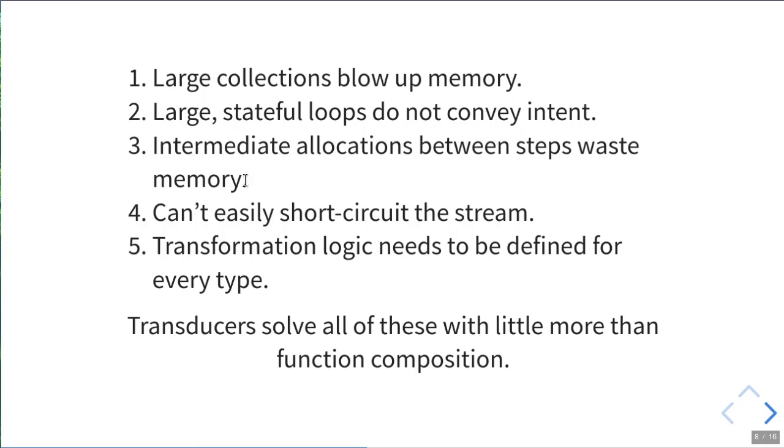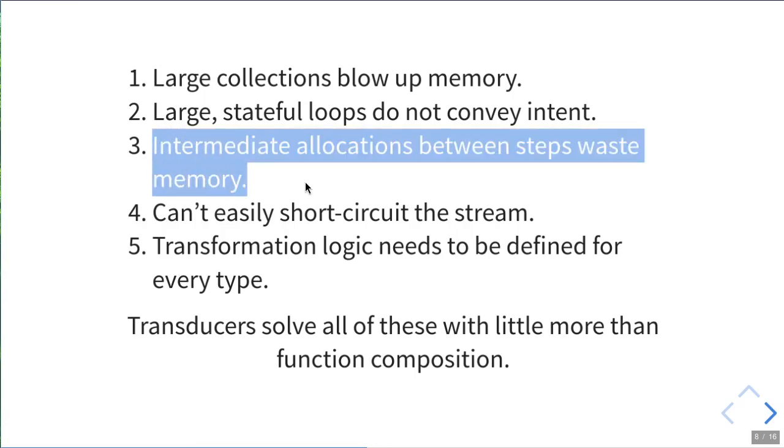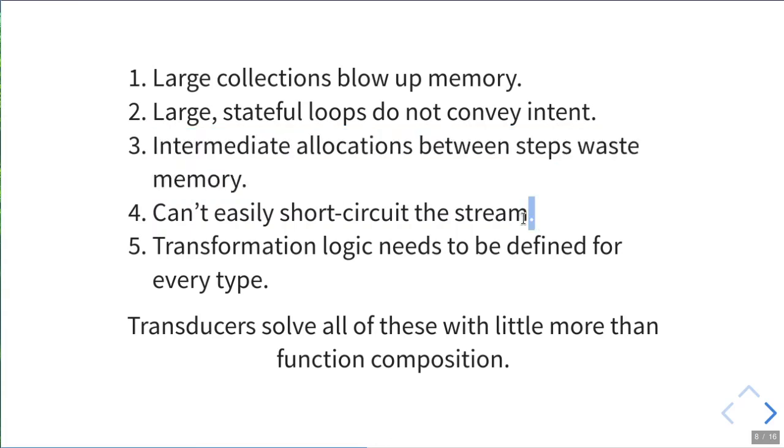Furthermore, and this is particularly an issue with Emacs Lisp, one call, for instance, to seq-map, then piped into seq-filter, will have an intermediate allocation. The map will take the source container, allocate a new one, and then the filter will operate over the second one. This is wasteful.